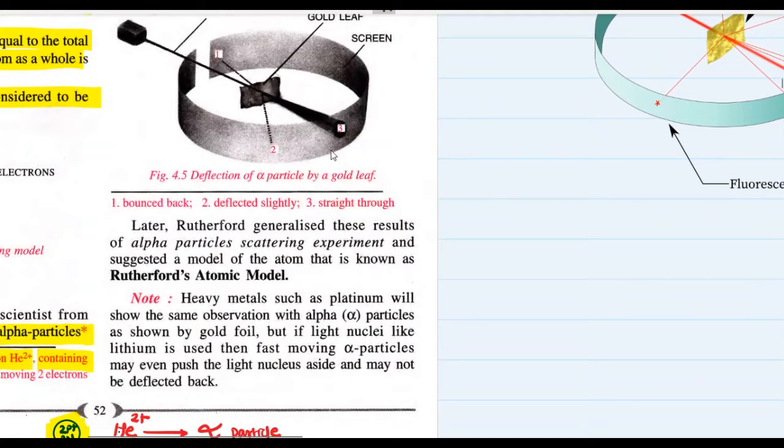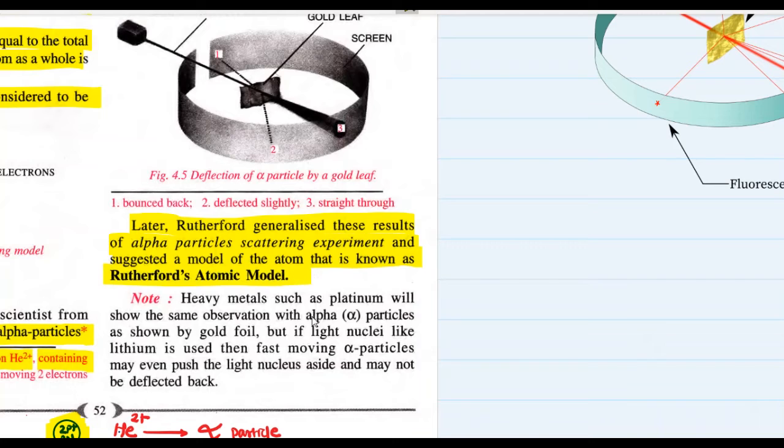Later, Rutherford, let's come back to our topic. I've given you a lot of information regarding Rutherford's alpha particle scattering experiment. Now, what happened? Later, Rutherford generalized these results of the alpha particle scattering experiment and suggested a model of the atom known as Rutherford's atomic model.